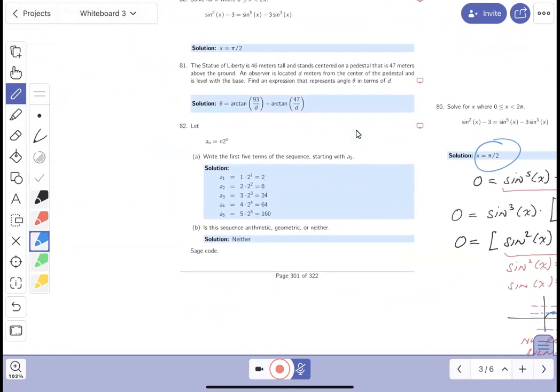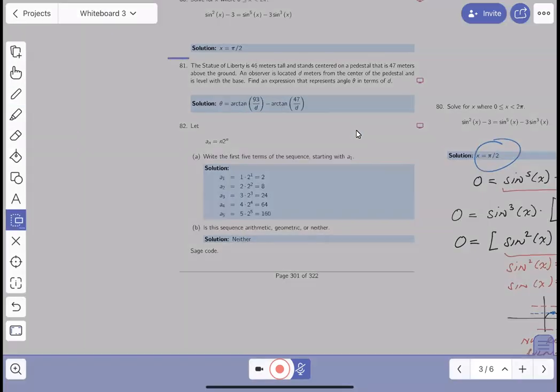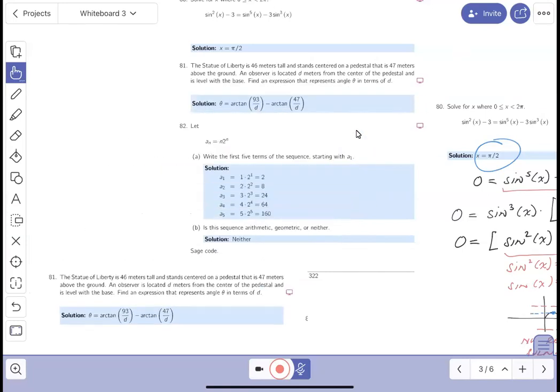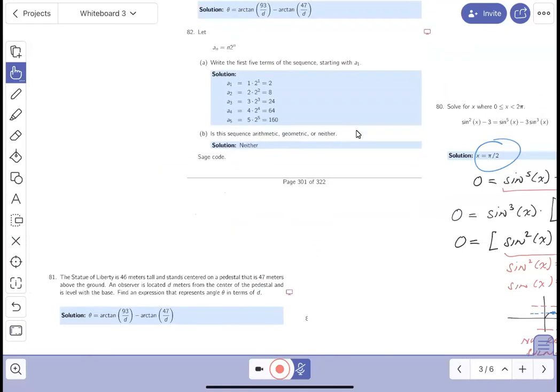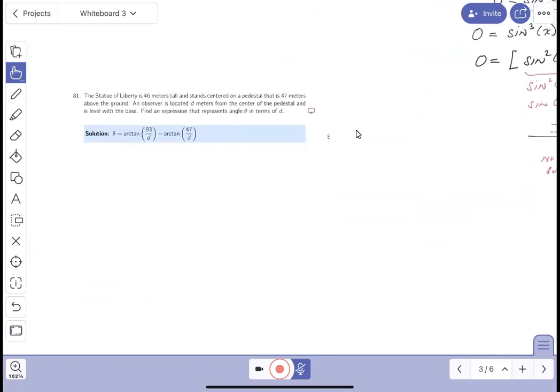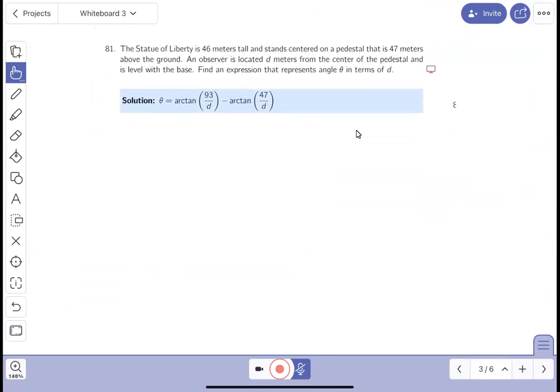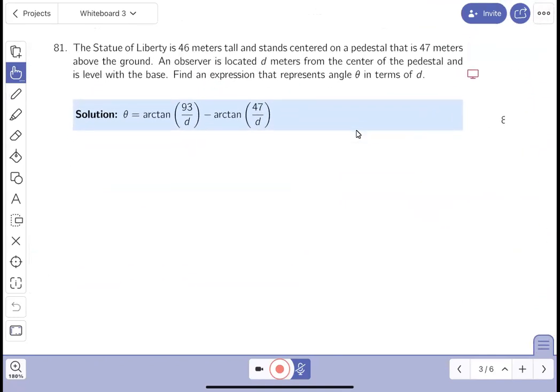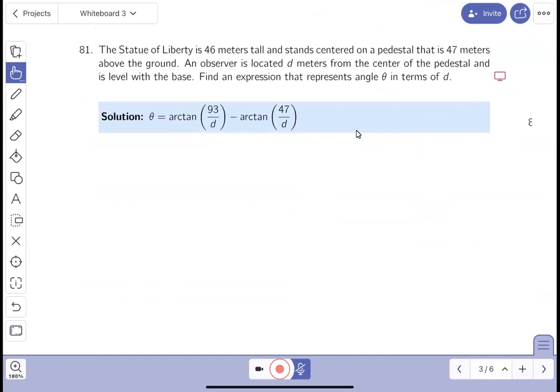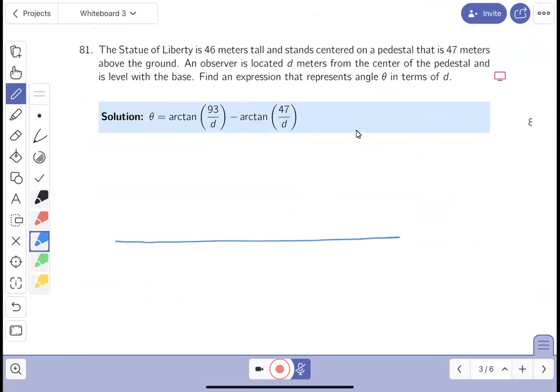And oh boy, this looks like a tough one. All right, let me draw a picture of this. I've got the ground. I've got a pedestal.